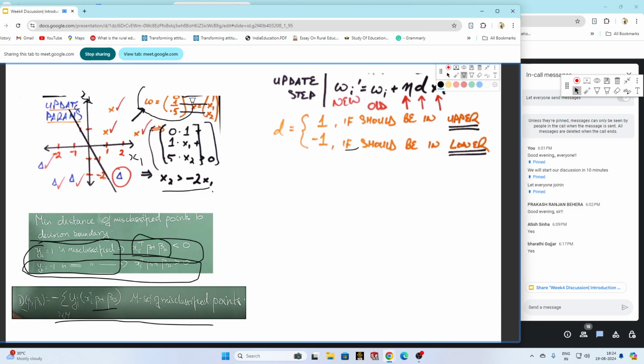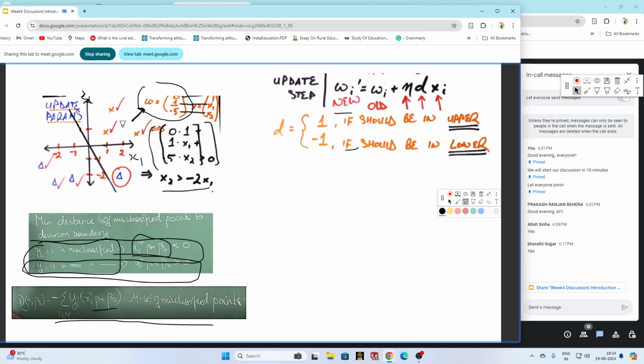This is our older weights, but we have to now update them. How can the new updated weight be found? The new updated weight is wi new equals wi old plus eta times d times xi. What is d? It is the same as yi.